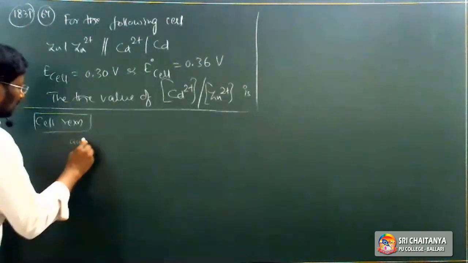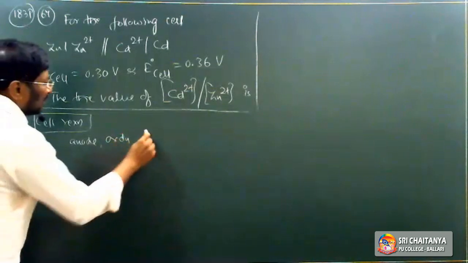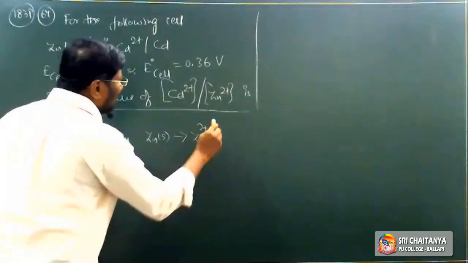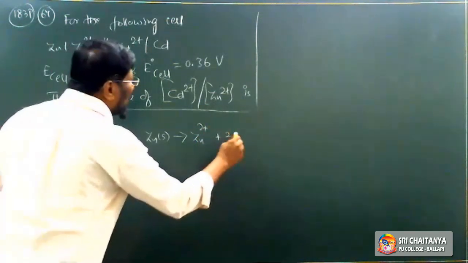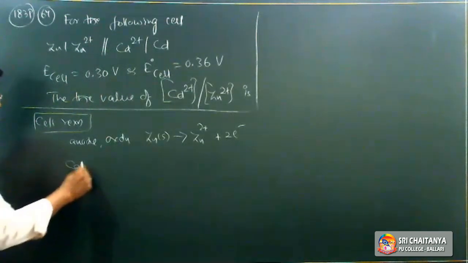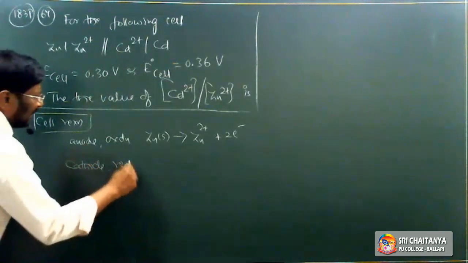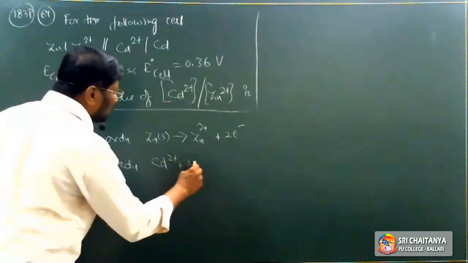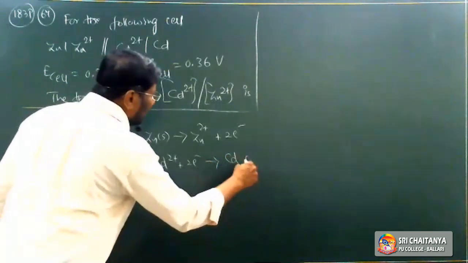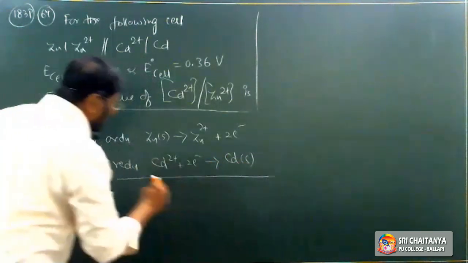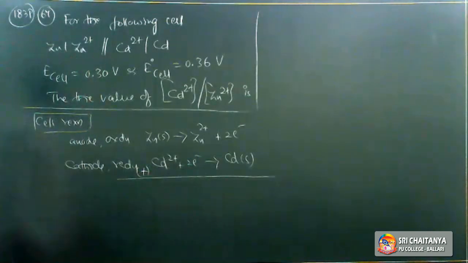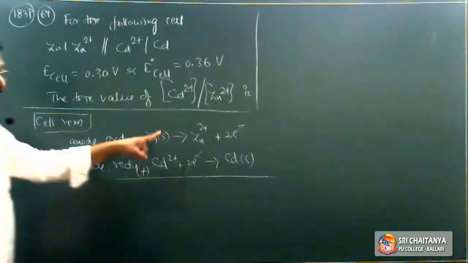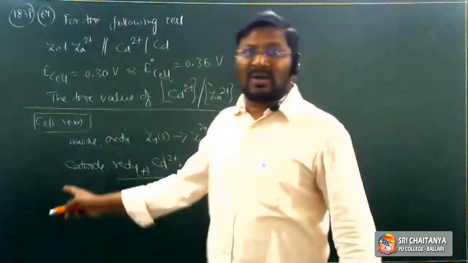Now anode oxidation, let me write the equation: Zn solid gives Zn2+ plus 2 electrons. Then cathode reduction, always reduction: Cd2+ plus 2 electrons gives Cd solid. Now combine them, add both. The electrons get cancelled, but remember how many electrons are in transfer: 2.